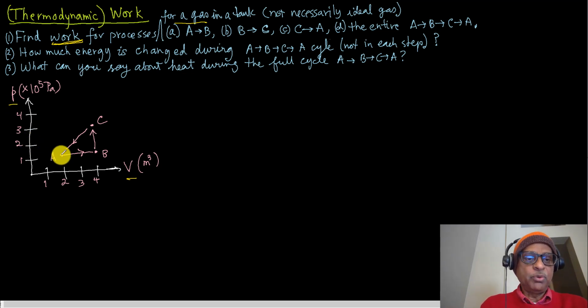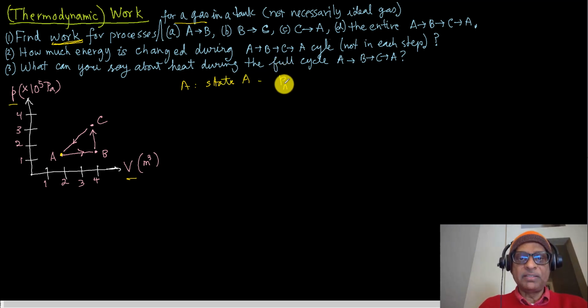Point A here represents state A, and in state A you will have properties like pressure, volume of the gas, and, of course, how many molecules there are.